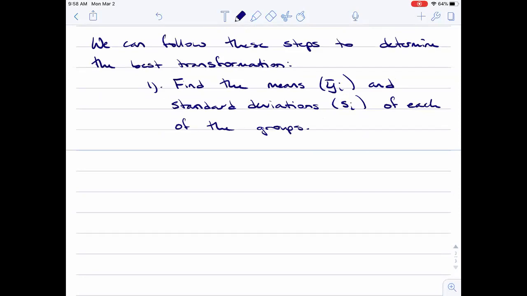Tricky, because if you have, say, 4 groups, you're only going to have 4 means and 4 standard deviations, but that's okay.